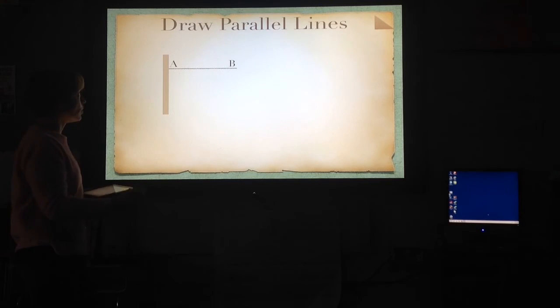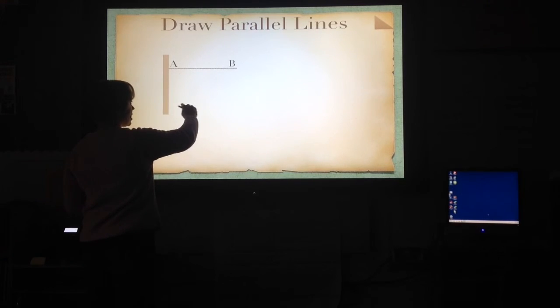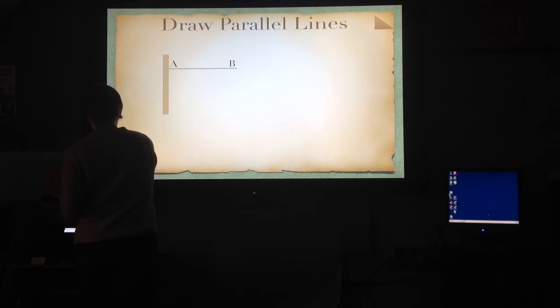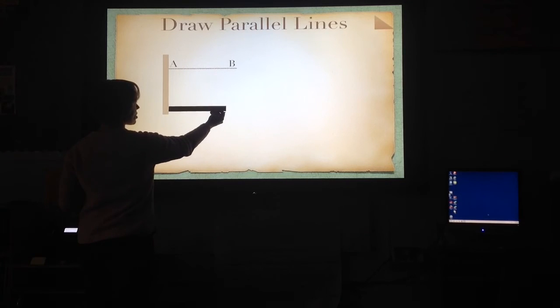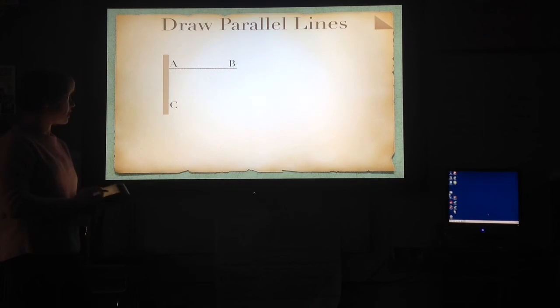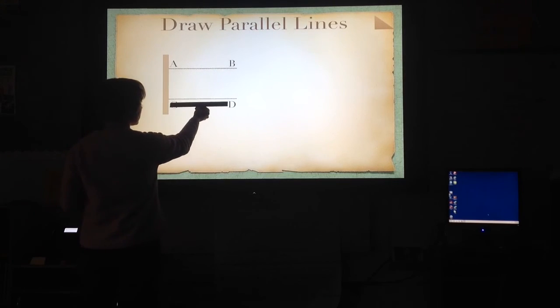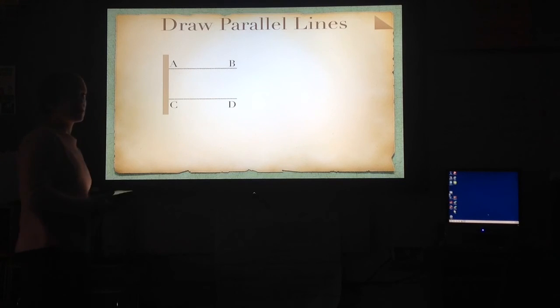Now, if I want to draw a parallel line to AB, I'm going to come straight down the page and line up my ruler and draw a straight line out. And that I will label point C and point D. If I draw that straight line, those two are parallel. See how I used my ruler? Draw a straight line out, which makes them parallel.